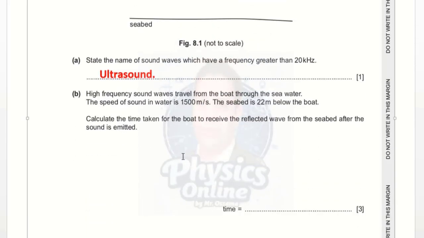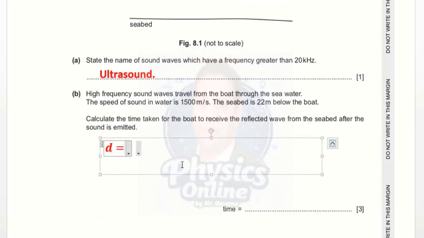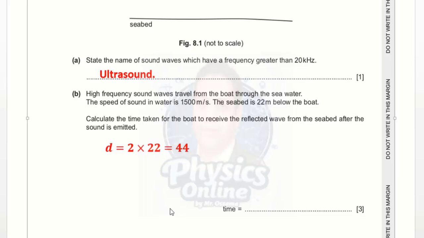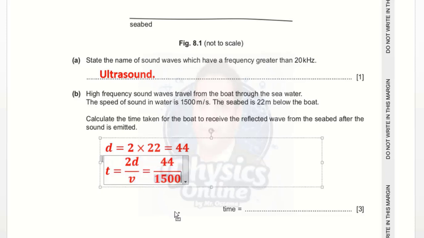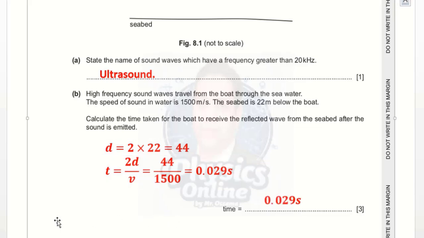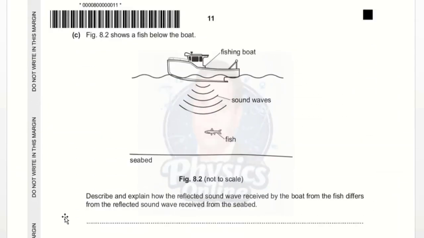D equals 22 times 2 equals 44 meters. So time equals 2D divided by V equals 44 divided by 1500, the speed of sound, equals 0.029 seconds. The answer is 0.029 seconds.